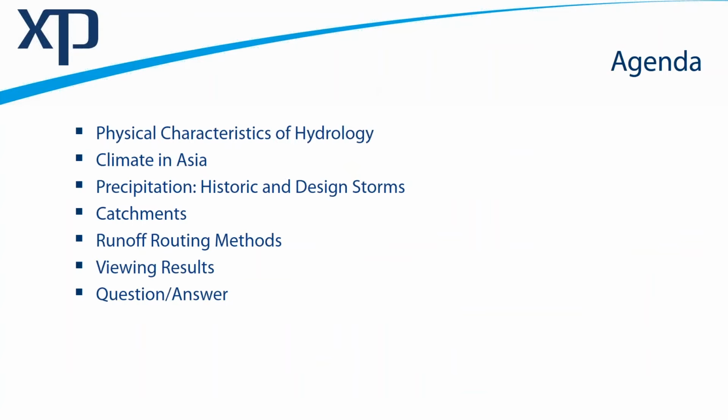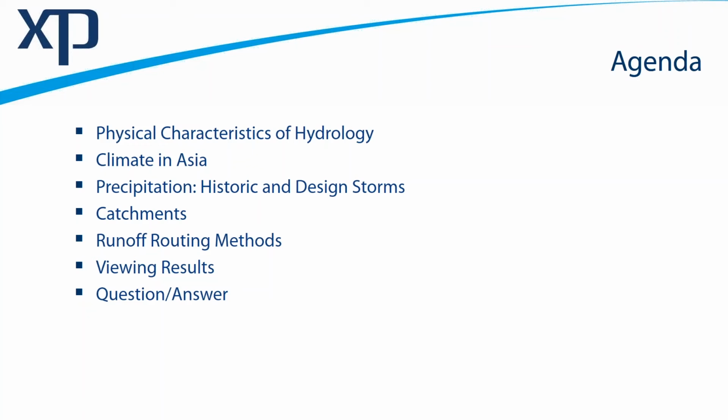So for today, I'm going to cover the physical characteristics of hydrology and talk about climate in Asia. I have travelled a fair bit across Asia, and my experience is getting better, even though I am Australian. I'll talk about precipitation and the relationship between analysing real-world historic storms and converting those to design storms.